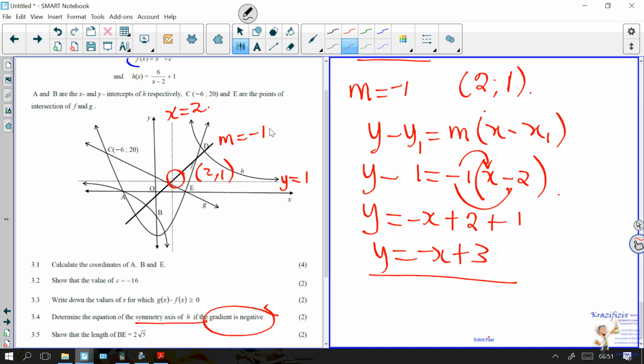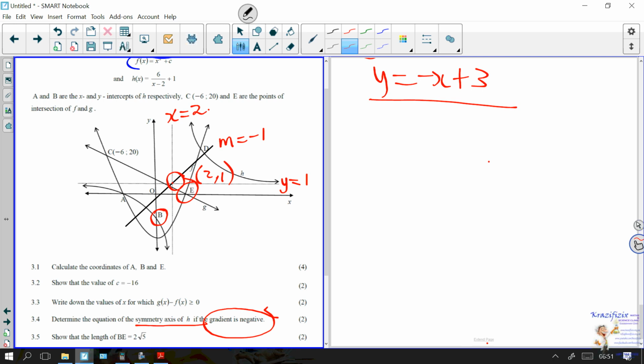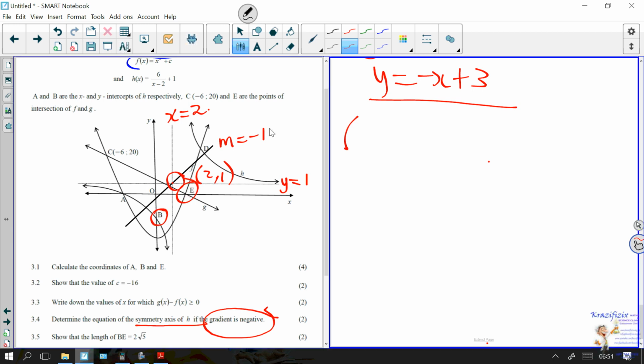And we're done there. Show that the length of BE equals 2 root 5. Where's my B and my E? I always like writing my coordinates. What's my coordinate of B? On the y-axis, x is 0. I think we got a negative 2.